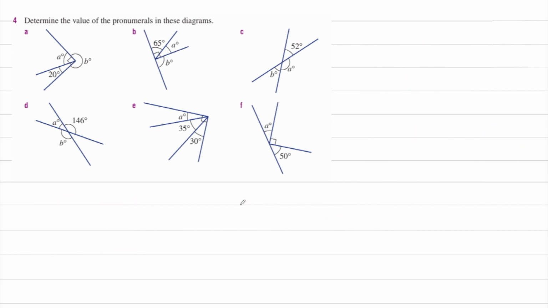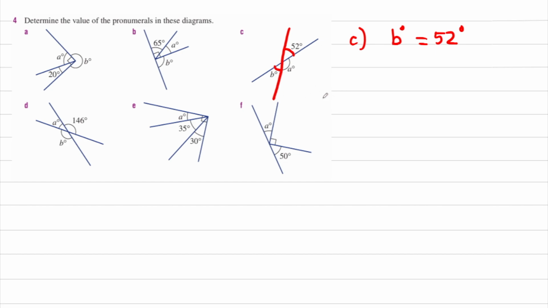Question C, you have two vertically opposite angles. For question C, B here has to be equal to 52 degrees, because this angle and this angle make two vertically opposite angles. And about A and 52 here, you have the straight line.